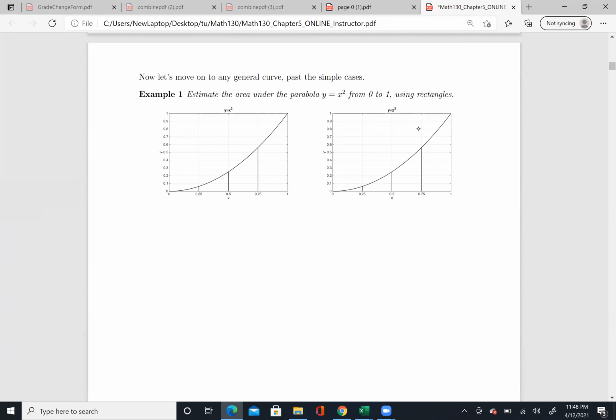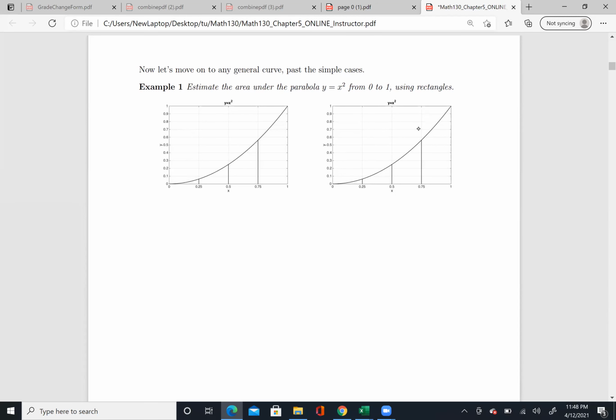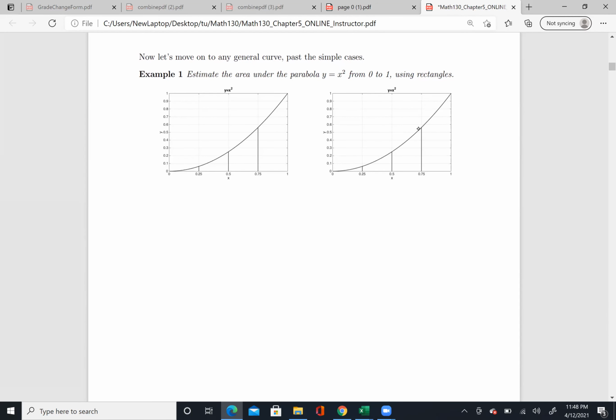Okay, so let's move on to any general curve past the simple cases. Example 1: estimate the area under the parabola y equals x squared from 0 to 1 using rectangles.